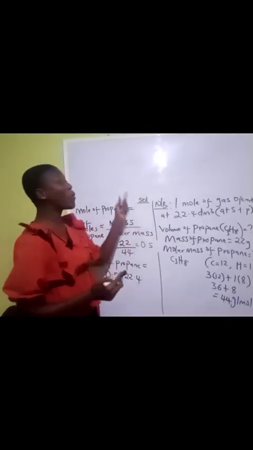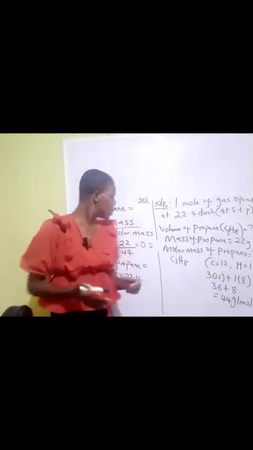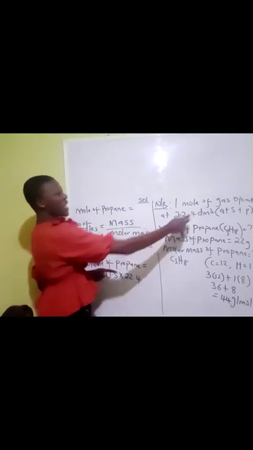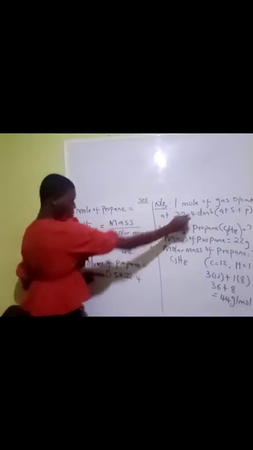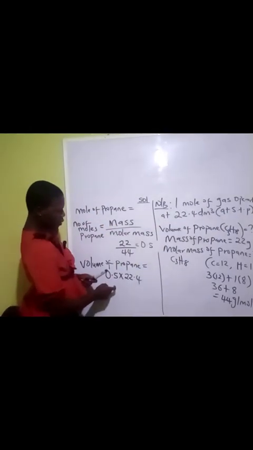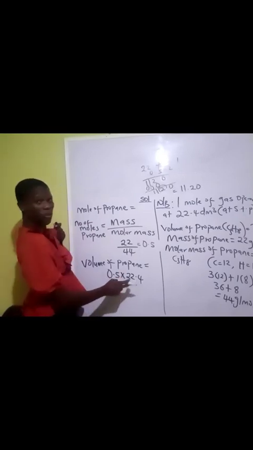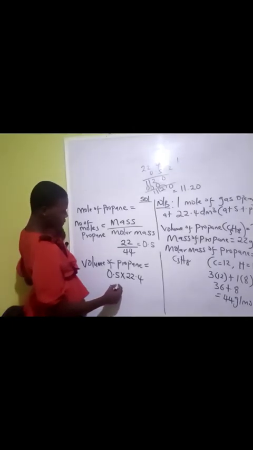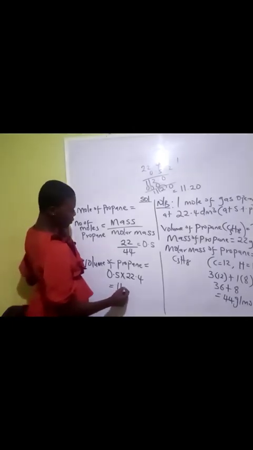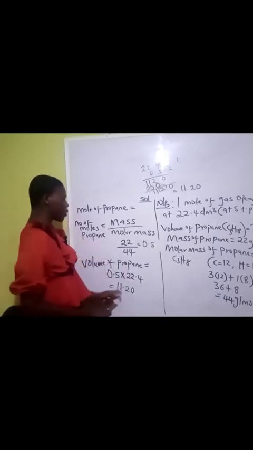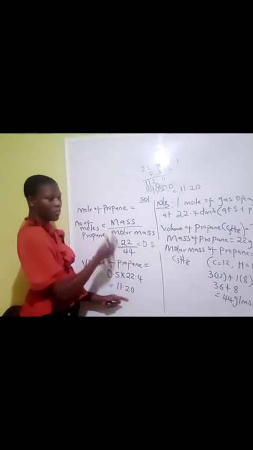I know the question says under the same condition. So now that we've gotten our number of moles, we multiply it by 22.4 at STP. 0.5 times 22.4 will give us 11.20. So this becomes the volume of propane at STP under the same condition.